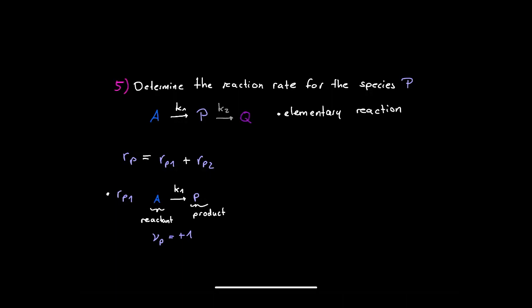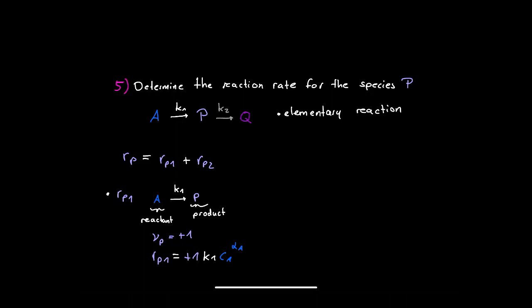So the reaction rate of the species P, Rp1, is going to be equal to the stoichiometric coefficient of the species P in this case, which is +1, times the rate constant K1, times the product of the concentration of our reactants, which in this case is only the concentration of the species A, elevated to its corresponding reaction order alpha A. The task specifies that we can assume elementary reaction.